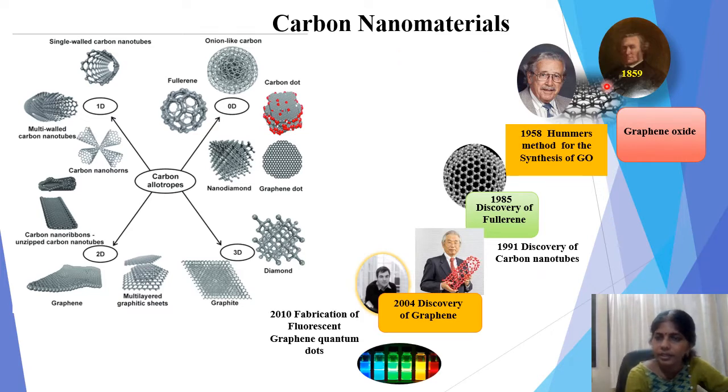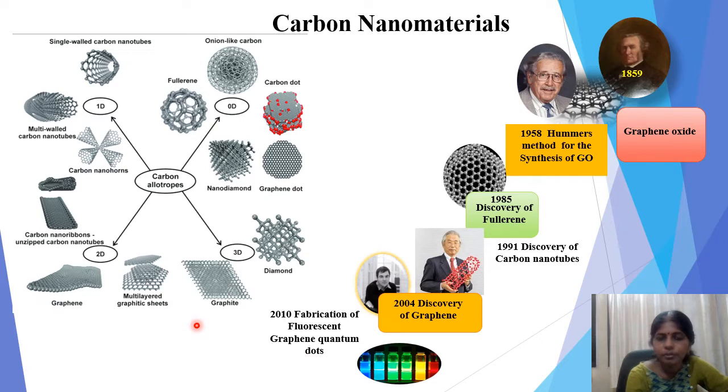As you can see here, the introduction of these materials started way back in the 1850s, but the drastic growth started after the 1950s with the introduction of new materials like fullerene, carbon nanotubes, graphene, etc. In fact, all these materials have contributed to a new dimension of research in the field of material chemistry. And among these, graphene quantum dots are a relatively new member in this list, and they appeared nearly a decade ago.